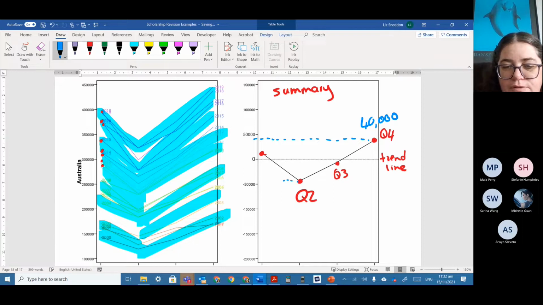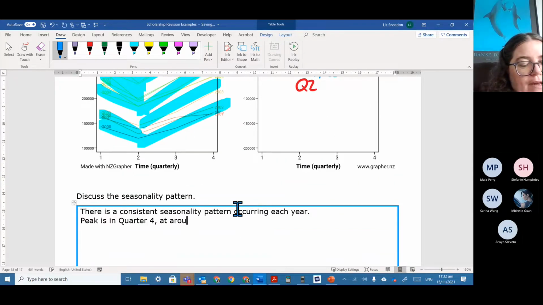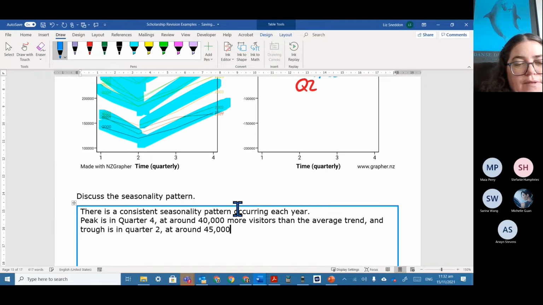And quarter 2, let's go around 45,000 visitors less in quarter 2. So we only need to estimate them off the graph. We don't need to stress if it's not 100% accurate. So peak is in quarter 4 at around 40,000 more visitors than average, and trough is in quarter 2 at around 45,000 less visitors.